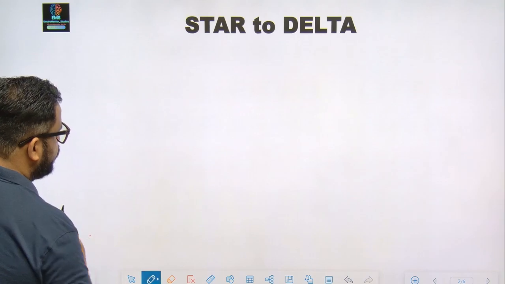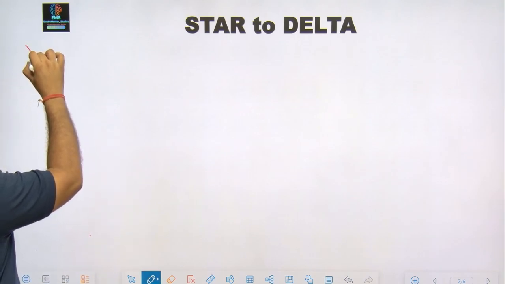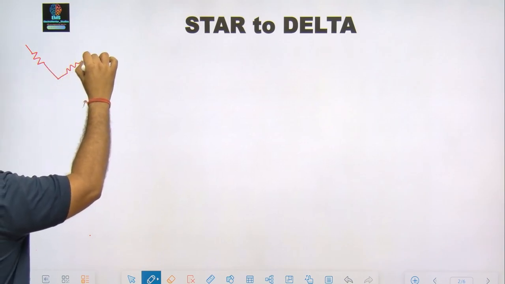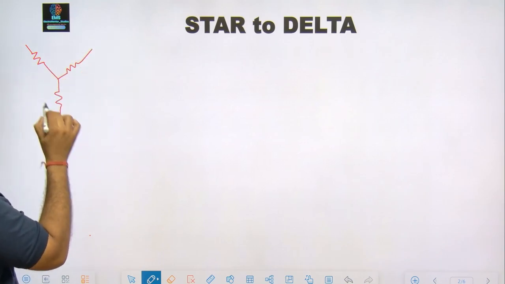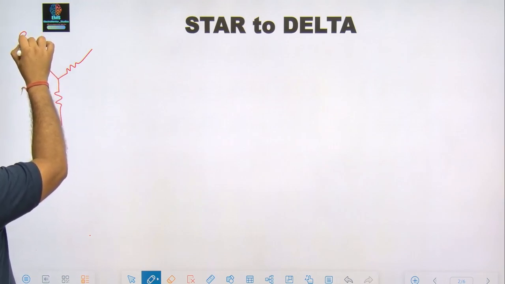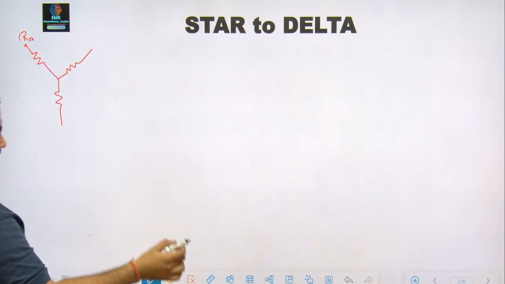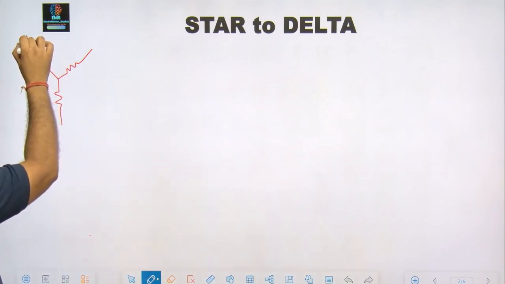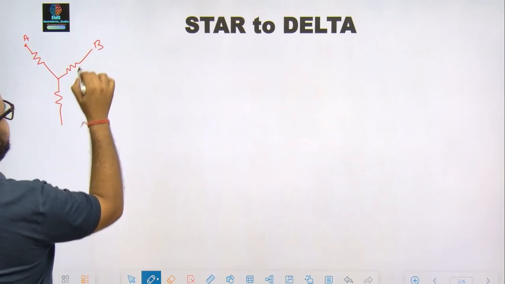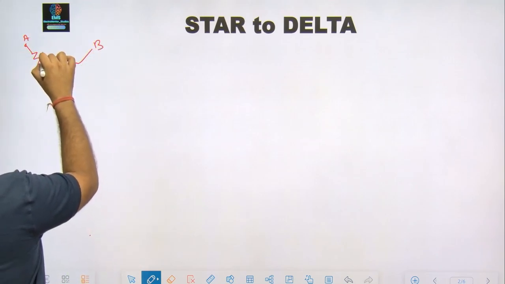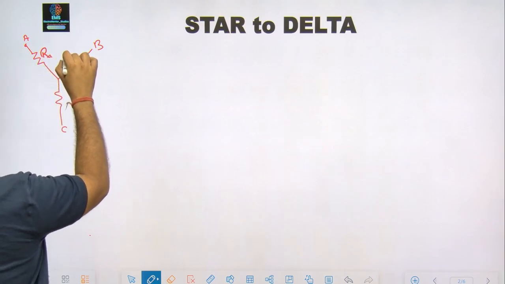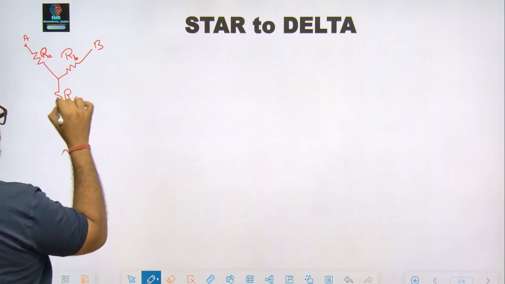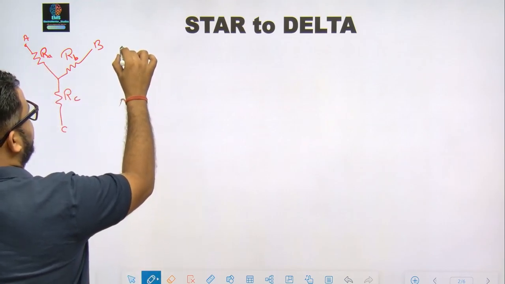So if they ask you to explain, let us draw a star network. So this is my star network. Let us say this is point A, this is B, this is C. So this is RA, resistance on arm A, resistance of arm B, and resistance of arm C. So this is my star network.